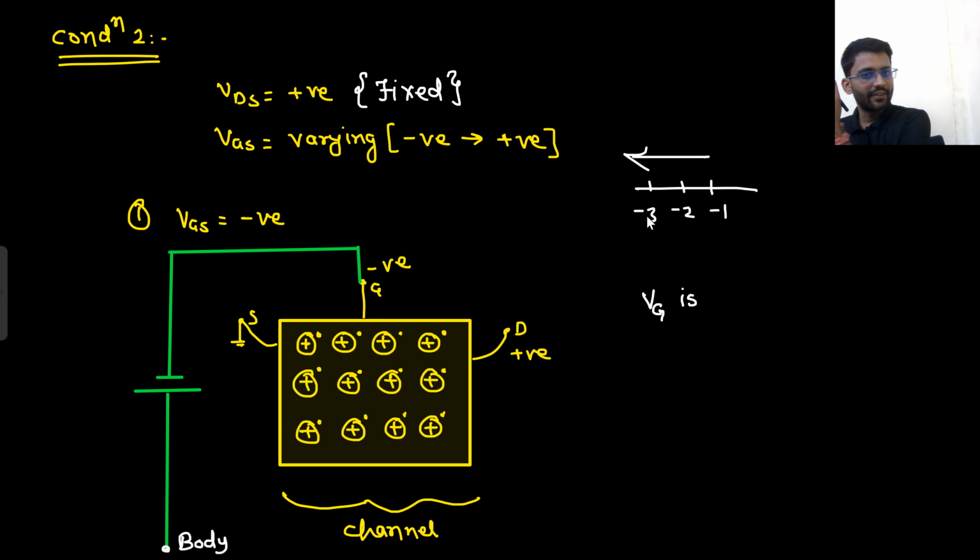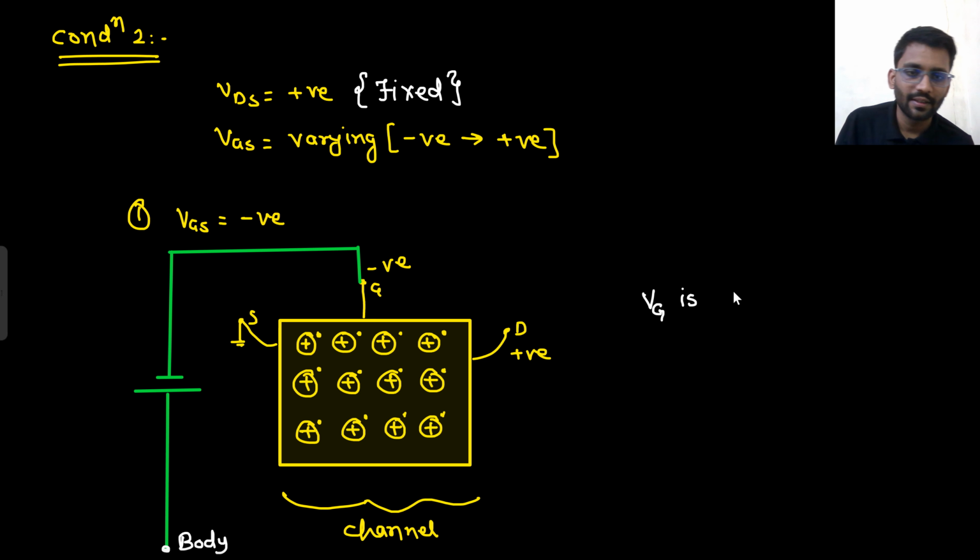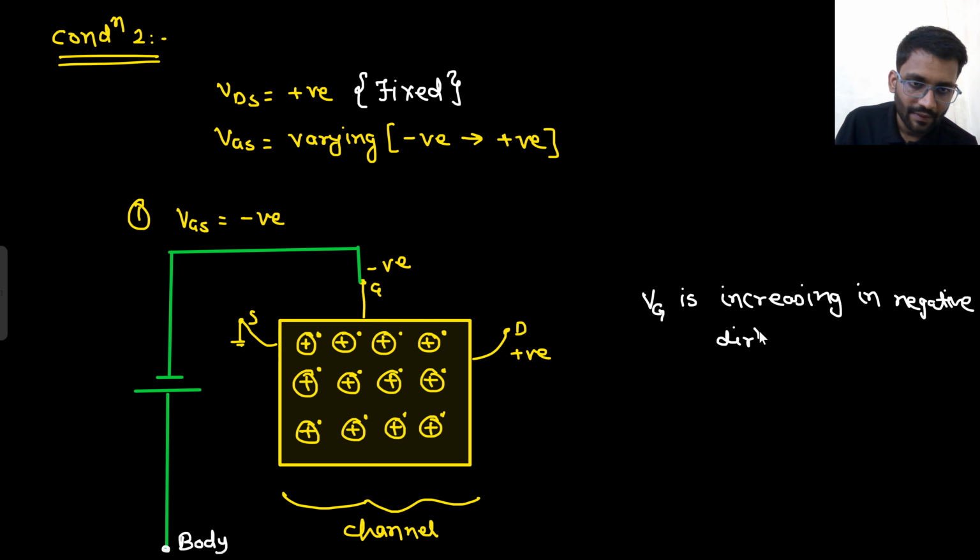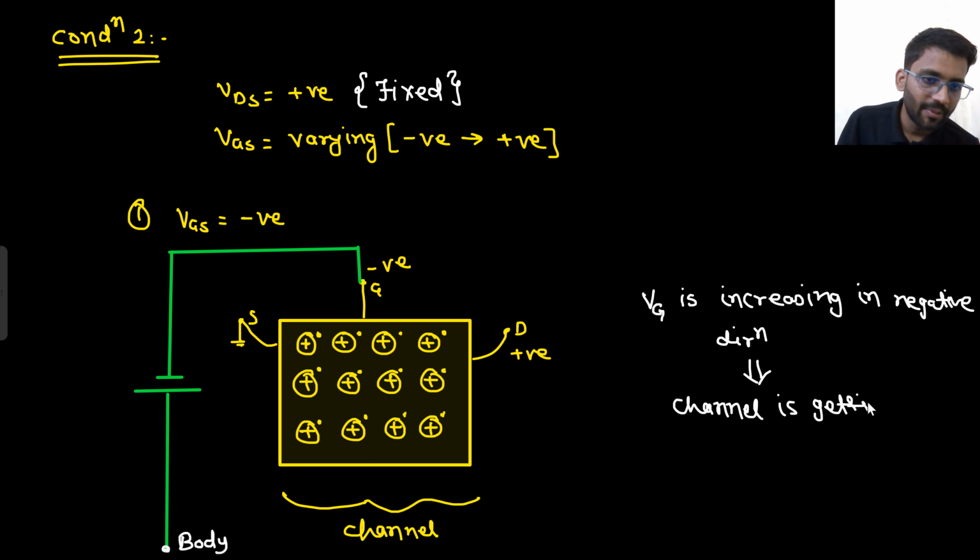Vg is increasing in negative direction. That means what is happening? The channel is getting depleted of charge carriers. Getting depleted means the charge carriers are getting less.